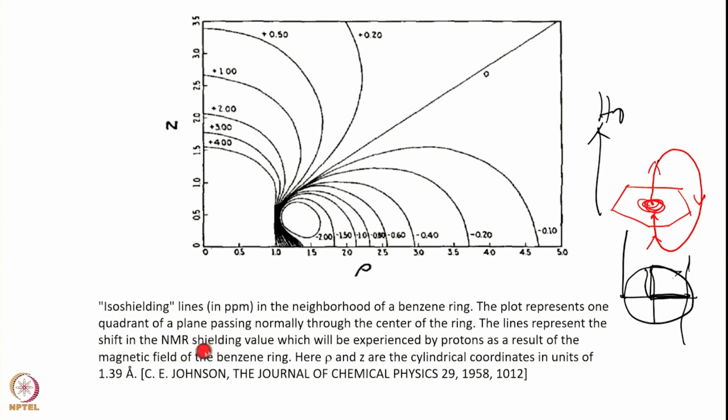Each one of these, the Z and the rho, are given in units of 1.39 angstroms. For some particular reason they have used this number, which is the length of a carbon-carbon bond in the ring. This is taken from the Journal of Chemical Physics, 1958, quite old, and of course those things are valid all along.